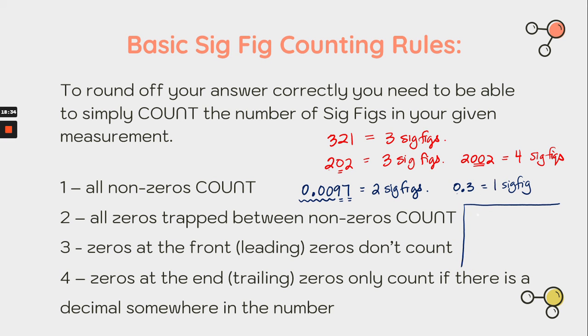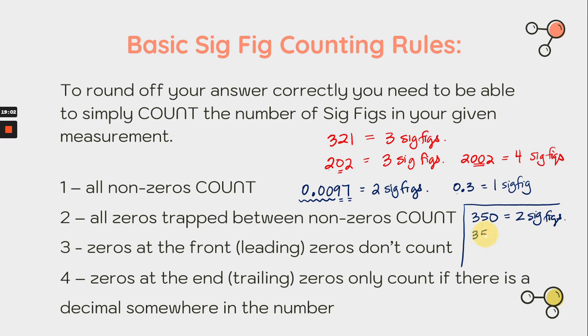If I have the number 350 and there's no decimal here, what this really means is that my measurement is around 350. I'm not entirely sure. This has 2 significant figures. I need the last 0 so that you know it's around 350, not 35, but I'm not entirely certain about just how close to 350 it is.